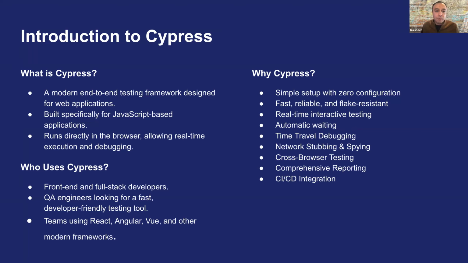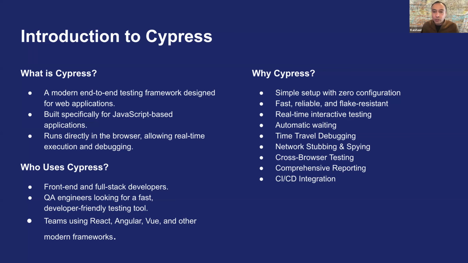And let's not forget some standout features. Cypress offers powerful features for efficient testing and debugging. With time travel debugging, you can go back and inspect every test step, making it easier to pinpoint issues. Network stubbing and spying allows you to mock API responses, enabling front-end testing in isolation.